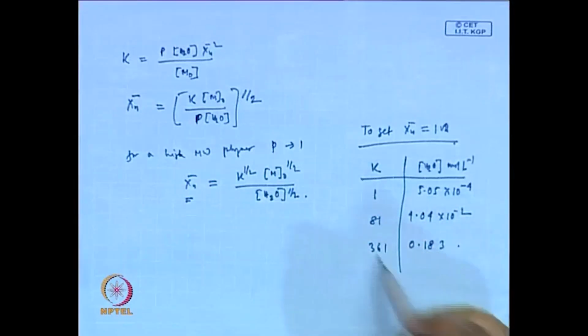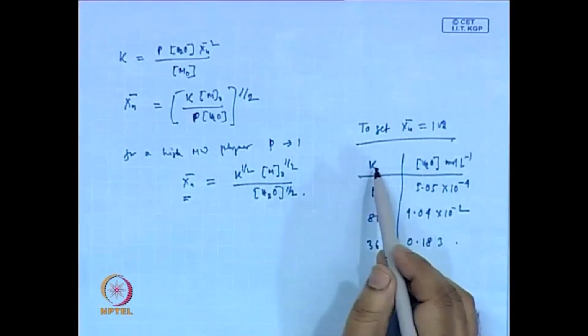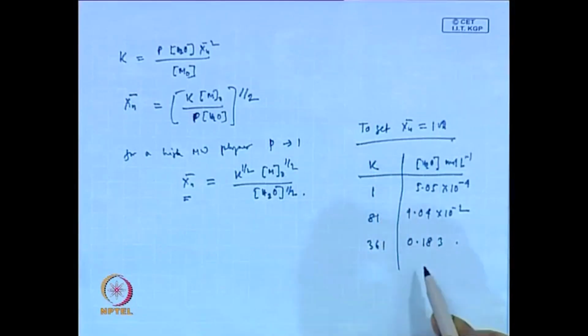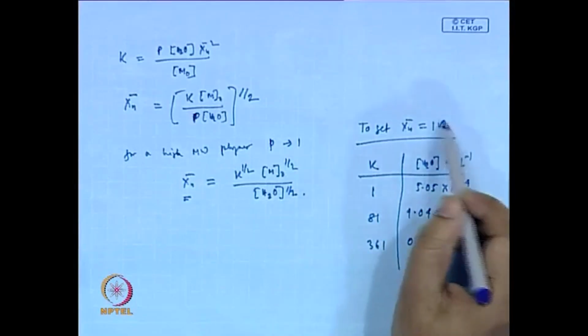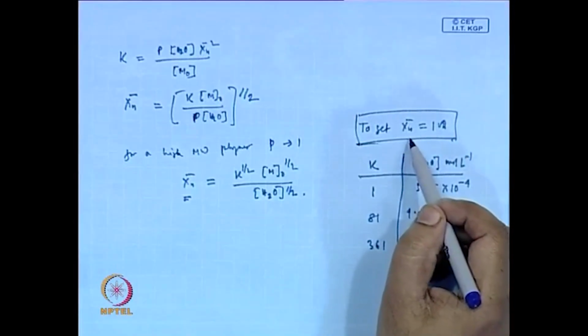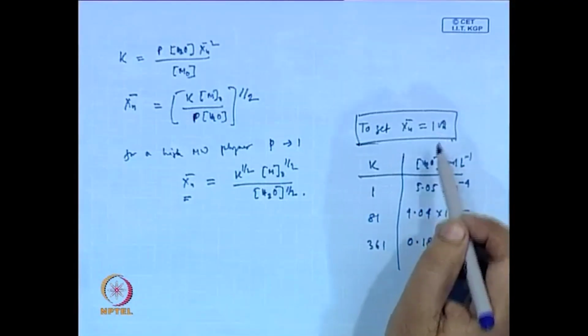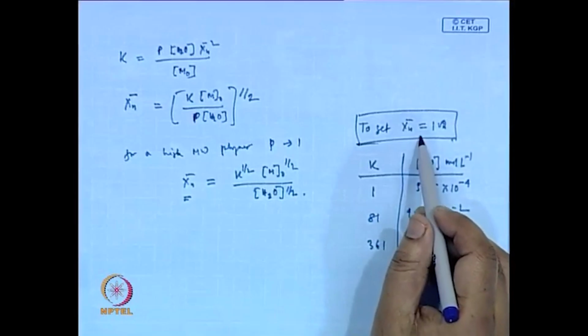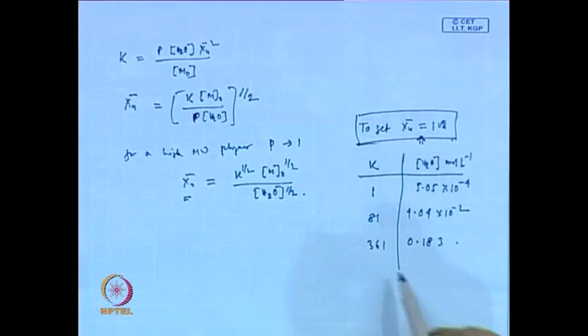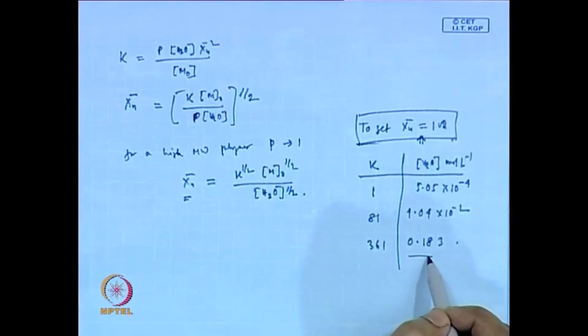What does this table mean? The table means that if you have a reaction with high K, to build the same molecular weight, in this case an average degree of polymerization of 100, then if your K is higher, you can afford to keep some of the water molecules in the system.